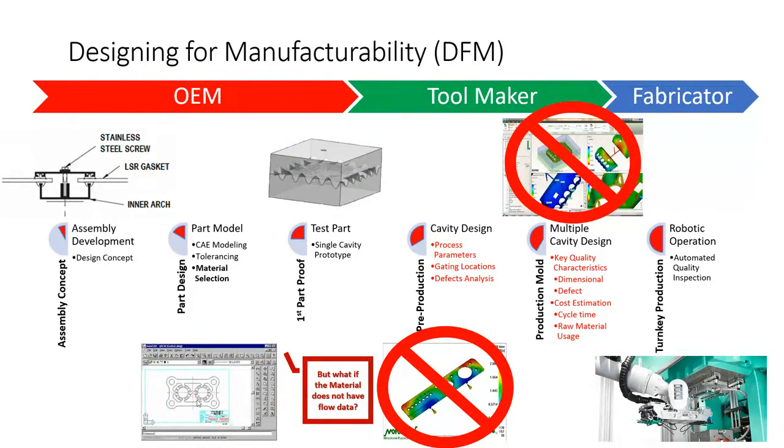There are tens of thousands of active formulations all over North America. So you really can't expect the raw material supplier to take 60,000 formulations and run material. It really is going to be up to the tool maker, the fabricator, the OEM to get those things done. So the presentation today is about how to get that done.